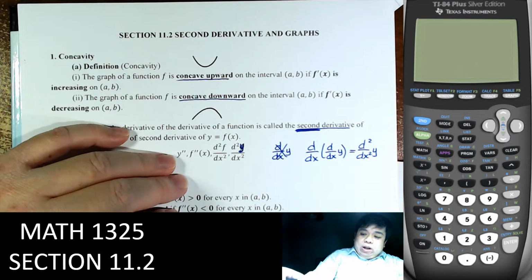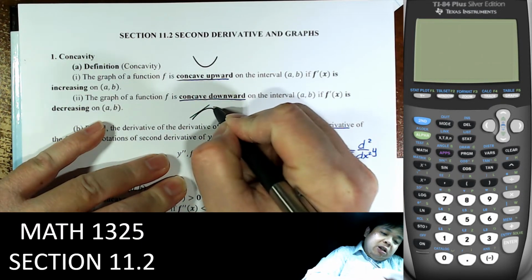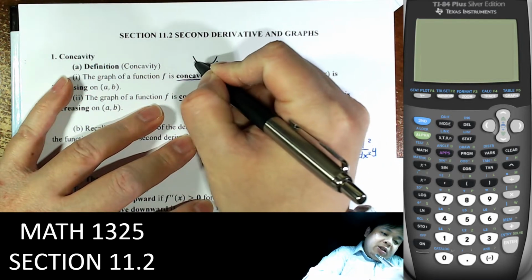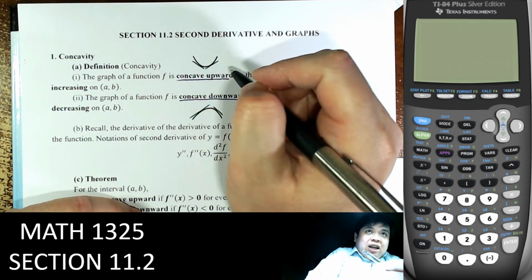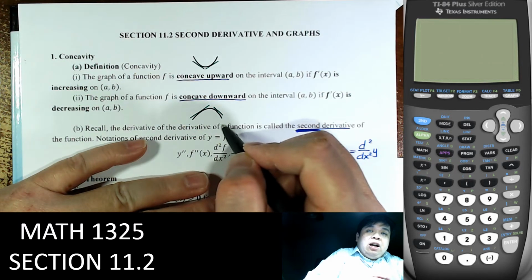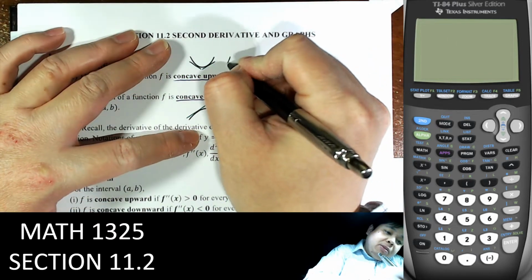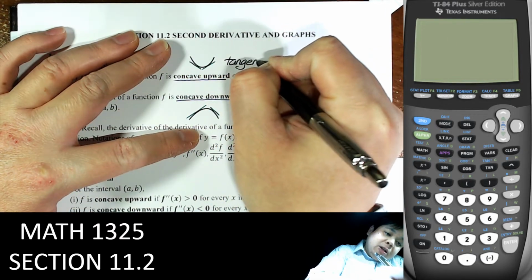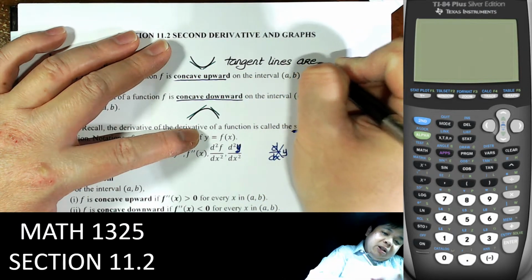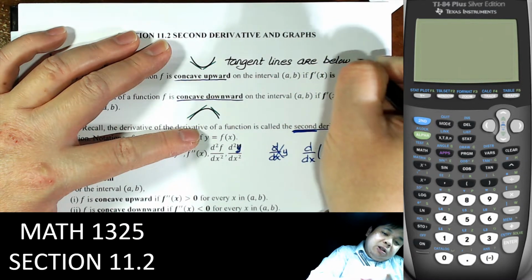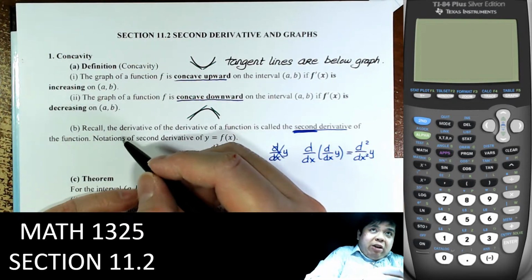The way to determine that is to draw the tangent line to the graph. If the tangent line is below the graph, then it is concave up. If the tangent line is above, it is concave down. So I will write: tangent line below the graph, that is concave up.